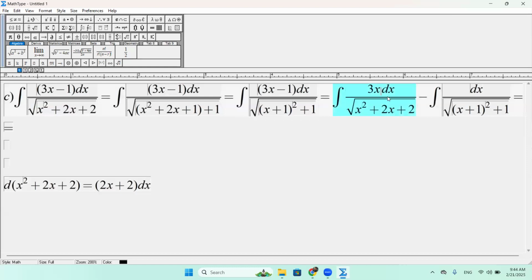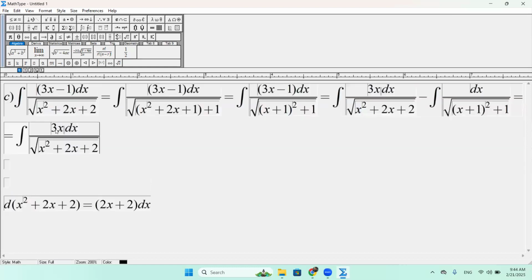So we need to modify this expression to suit the differential of the denominator. So let's do it. First of all, I will move 3 out of brackets. And I will multiply by 2 and divide by 2, so the equality is not broken. And also, in order not to break the equality, I will add 2 and subtract 2.